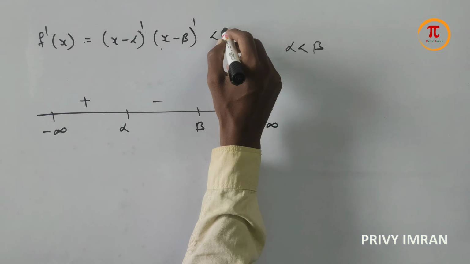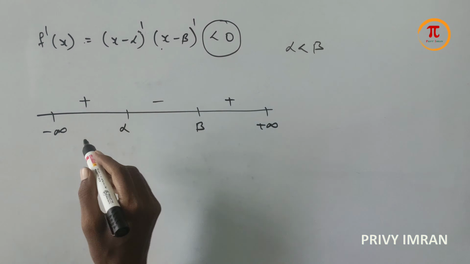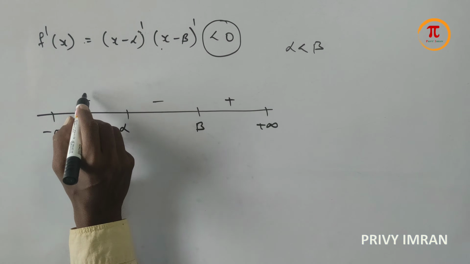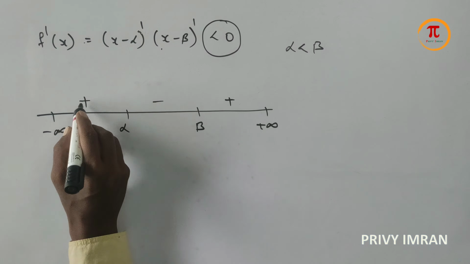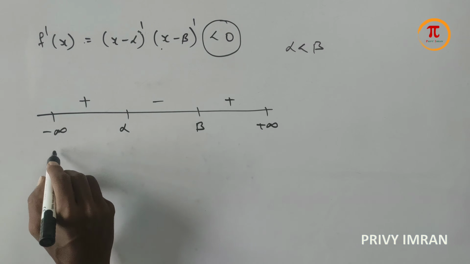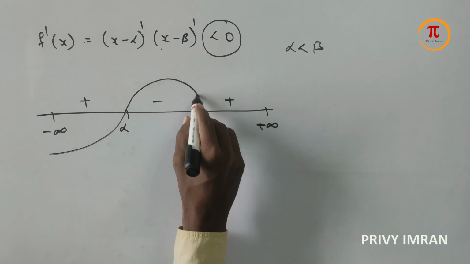But here it represents a negative sign, so the nature of increasing and decreasing is going to change. An increasing function will become decreasing, and a decreasing function will become increasing.